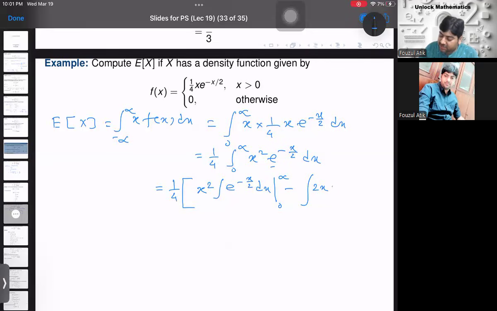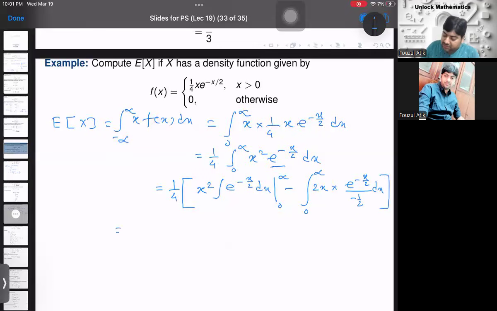Integration of this part is e to the power minus x by 2 divided by minus 1 by 2 dx, with limits between 0 to infinity.